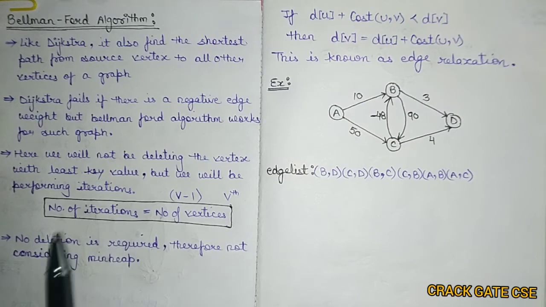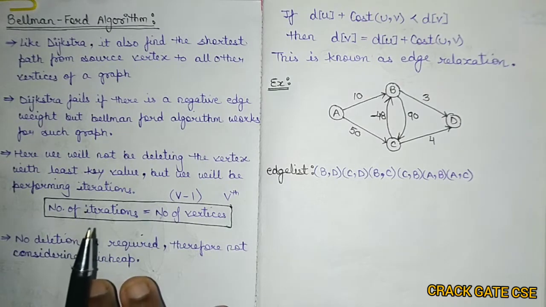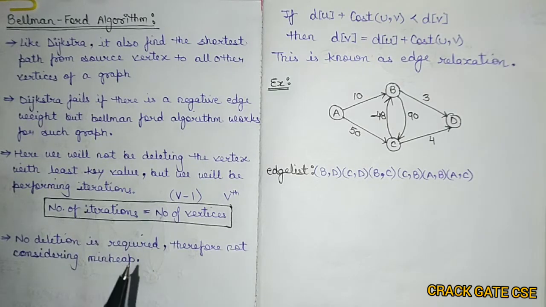If the values are getting updated in the Vth iteration also, then we conclude that there is a negative edge weight cycle with a negative sum, which cannot give the best possible answer for that particular graph. We will check that in a few minutes. So here we are not using a min heap because there is no deletion.